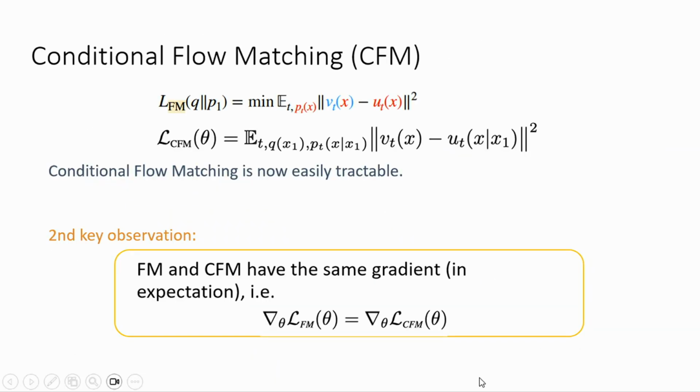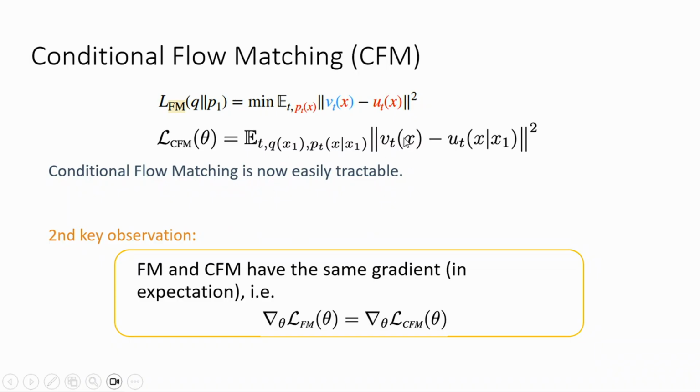The key theoretical contribution that motivates the conditional flow matching loss is that even though the first loss is intractable, if we train with the second loss, they have the exact same gradient and will converge to the same optimum.